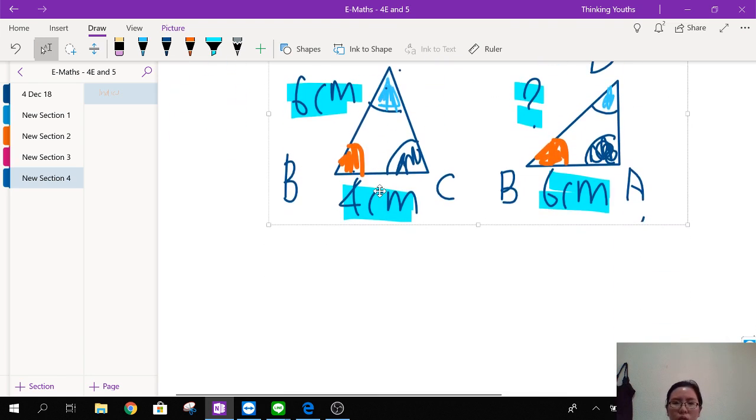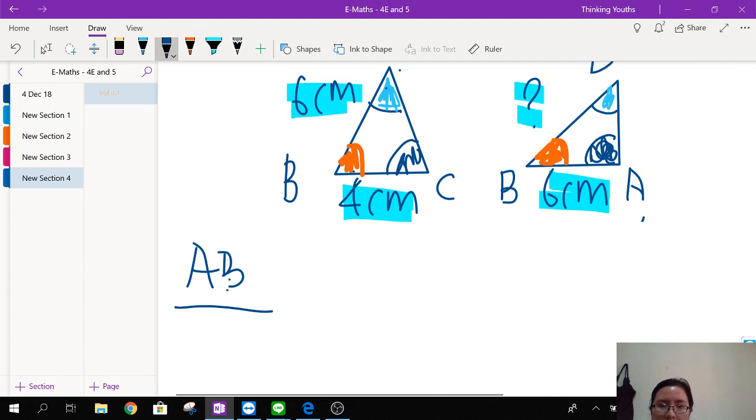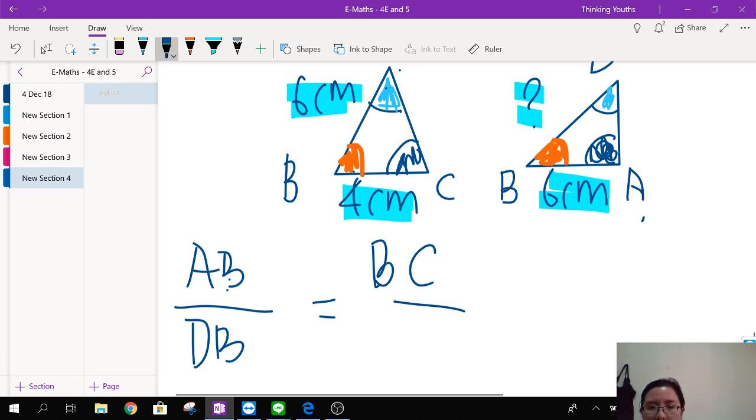Okay, so we have to write out the work steps. The working step will be AB is the same side as per DB. They are facing the same sides. Equals to BA.